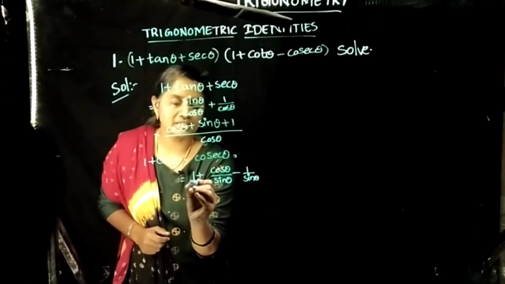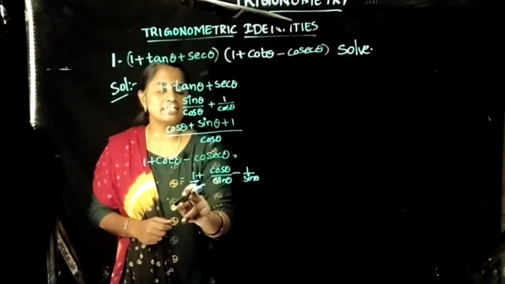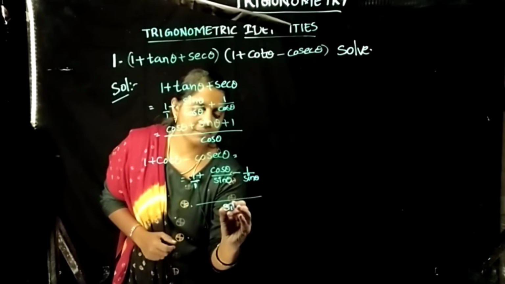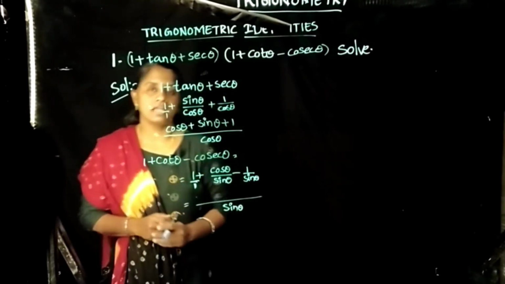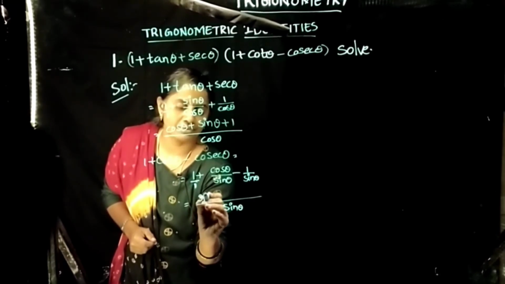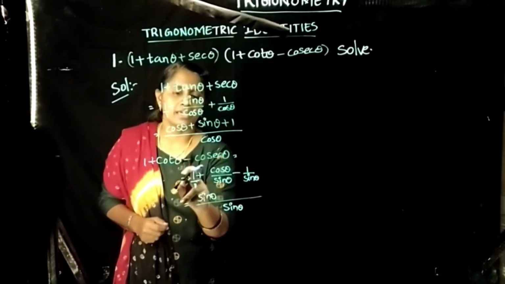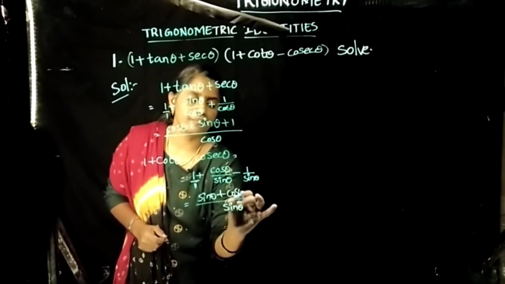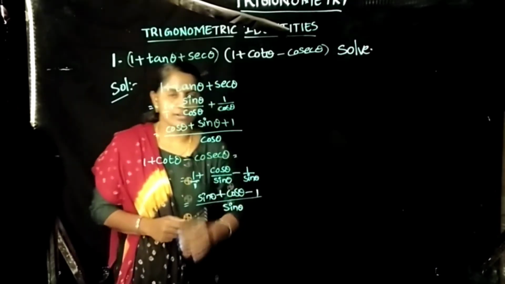Here nothing means it has 1. The LCM of 1 and sin theta is sin theta. After the LCM, the 1 changes into sin theta, and we get sin theta plus cos theta minus 1.